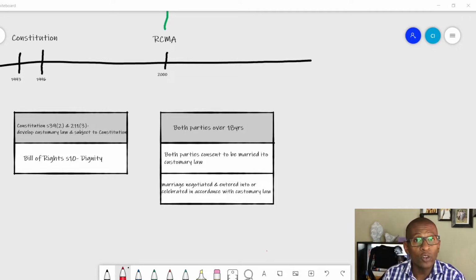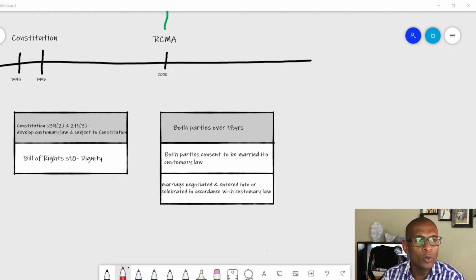At this stage, it's worth mentioning, as we go back in time, that we had the interim constitution of 1993, which managed the transition until the final constitution came into effect in 1996. As we go through this discussion, you'll see how important the Constitution is in determining whether a customary marriage exists or not.